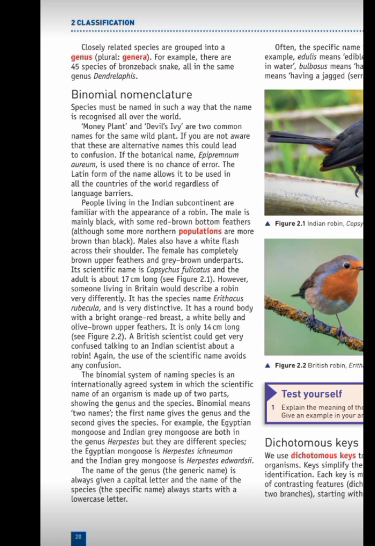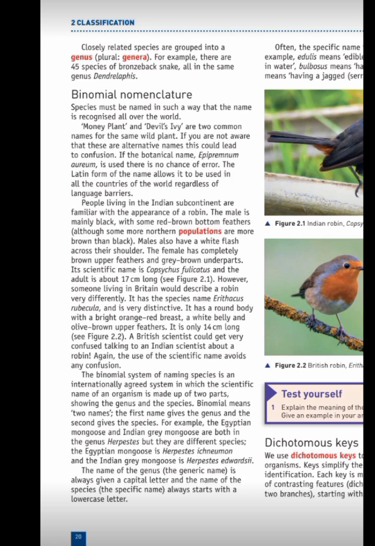So species are arranged into the genus and the genus is arranged into higher groups. So this is the important concept of classification, that firstly we will classify them into species, and the species are arranged into genus, and then from genus into other higher units. This is the basic. Next we will discuss the binomial nomenclature.